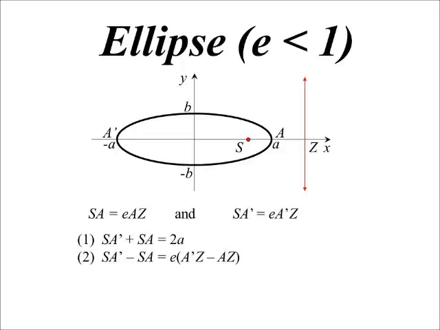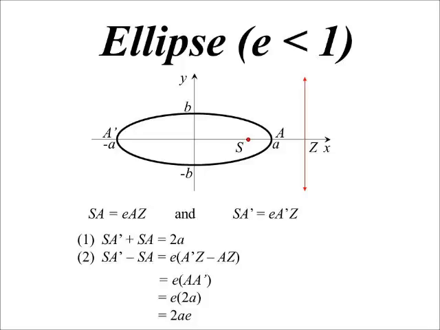Okay, going to create some equations. So SA dash plus SA, we can clearly see that distance is 2A, because what I'm basically saying is the distance between the two x-intercepts has got to be 2A. SA dash minus SA, using these definitions, take out a common factor of E, and I get A dash Z minus AZ.